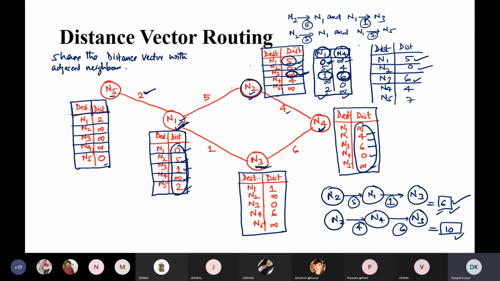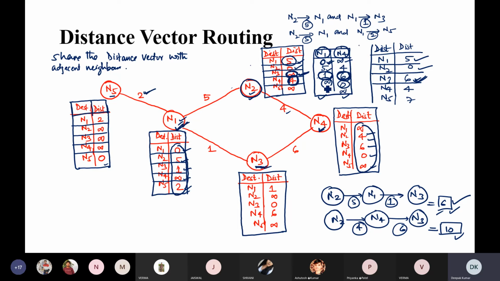By choosing these two paths, whichever cost is lesser, that smaller cost will be the optimal path, that is updated by this node N2. The smaller value is 6, that is updated. Now next N4: it has the information that after 4 cost I can reach node 4, and from this available table it is infinity and 0.